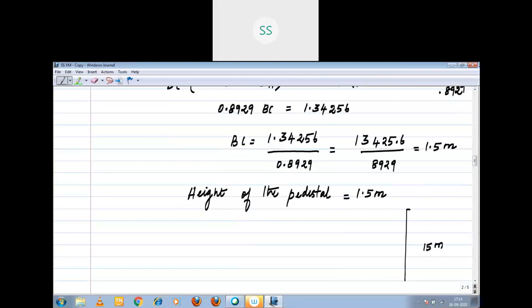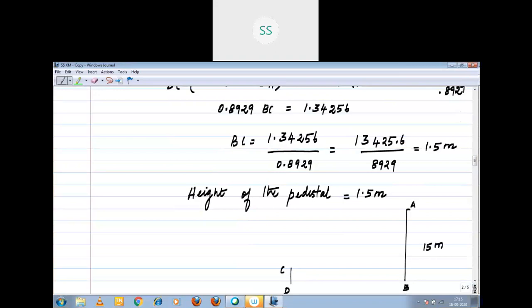Now, it makes an angle of elevation of 60 degree with the bottom of the electronic pole. This is your pole, electronic pole, right? AB is the height of the tower. CD is the electronic pole.